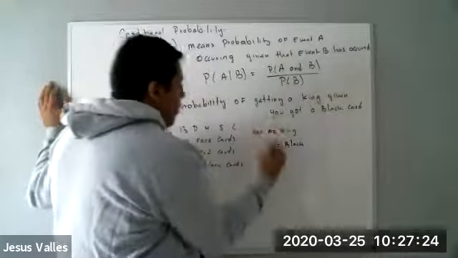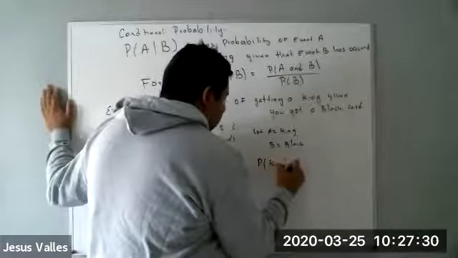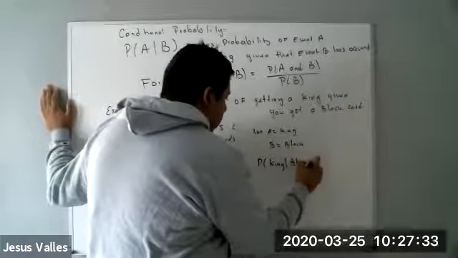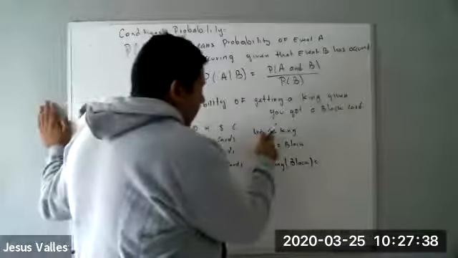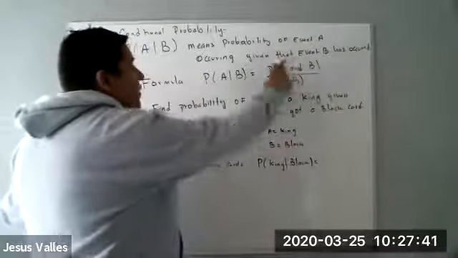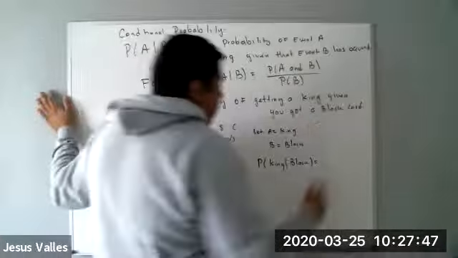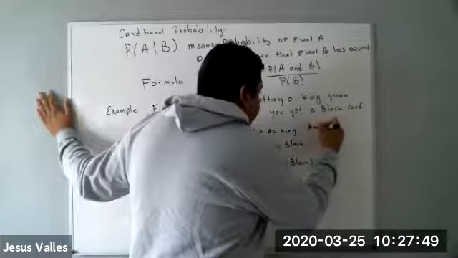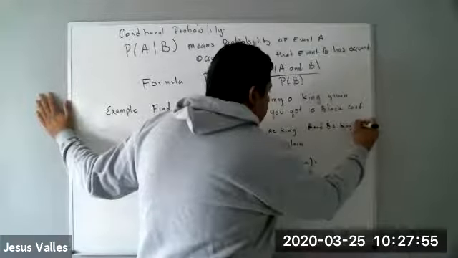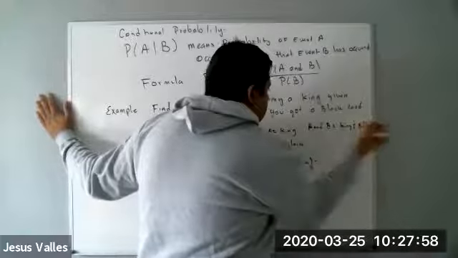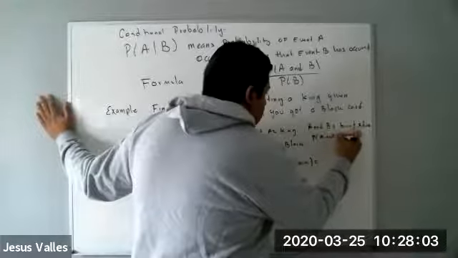When I write it into this form, I'm going to have P of king given black equals, and so I have A and B. What I want to do is find the probability of A and B, and also find just the probability of B. So when I say A and B, this is going to give me king and black. And so I need to find the probability of getting the king and the black card together.